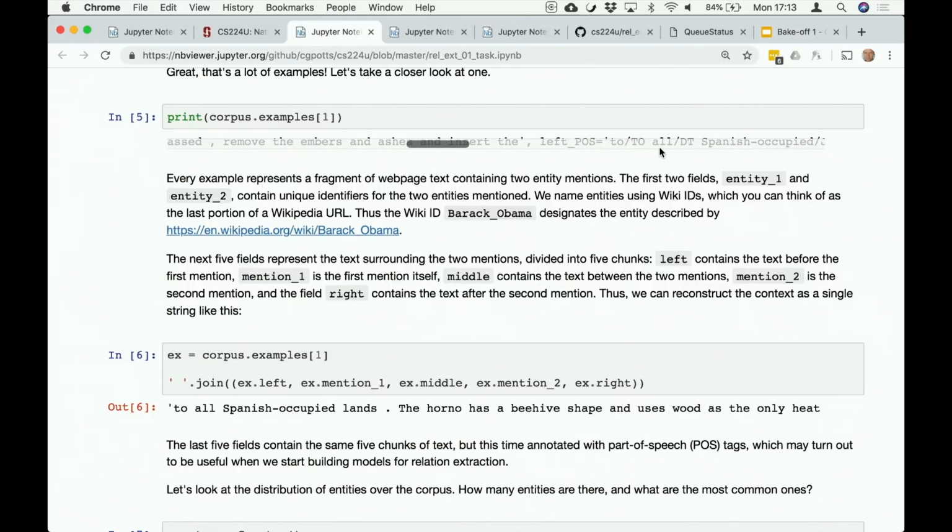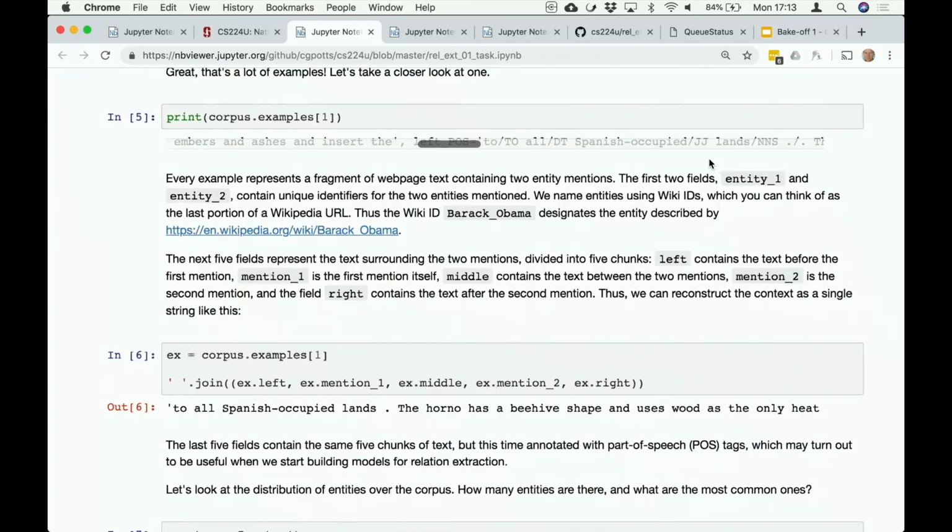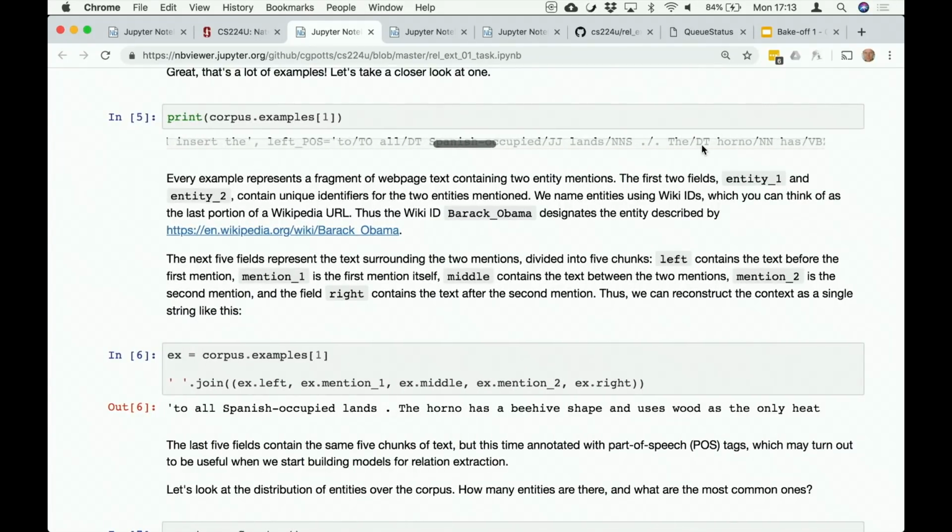And then the last 5 fields are similar to the previous 5 fields, except that they have part-of-speech annotations. So every word has a slash after it, and following the slash is something in all caps, to, dt, jj, nns, dt, nn, and so forth, that indicates the part of speech of that particular word.